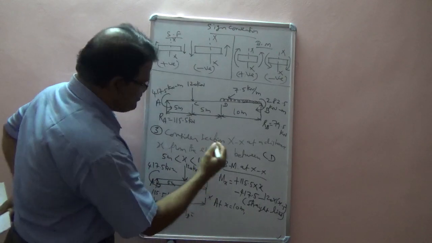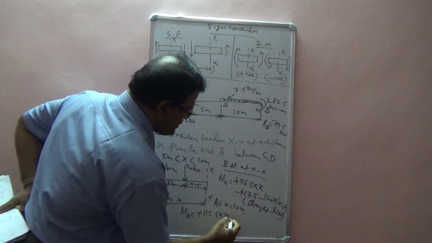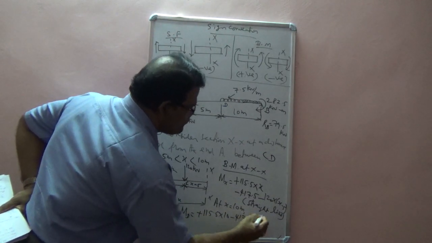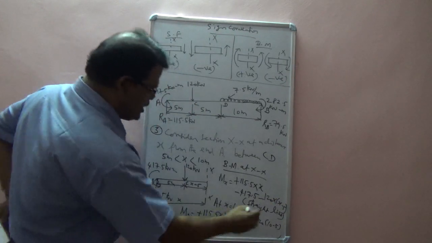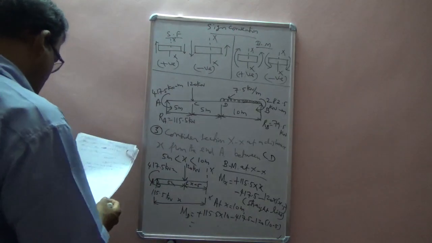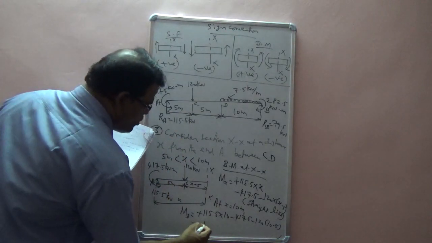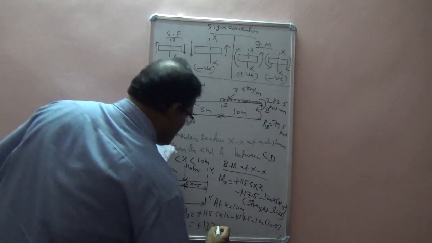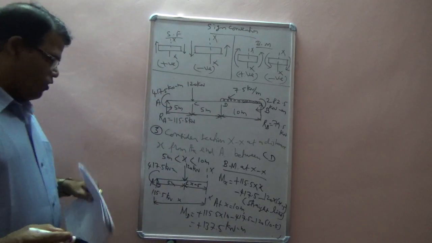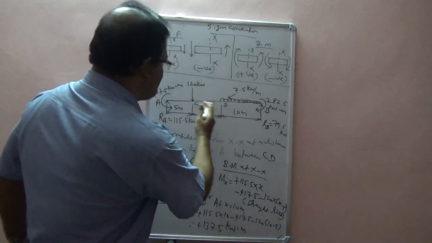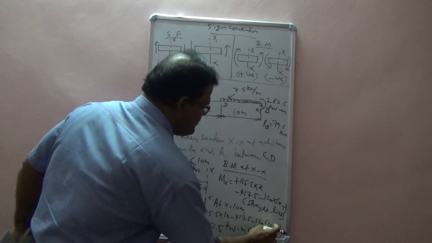So MD will be equal to plus 115.5 multiplied by 10 minus 417.5 minus 120 multiplied by (10 minus 5). If you substitute and calculate this value, MD at the left side of D is plus 137.5 kilonewton meter. So I write here, left side of D.